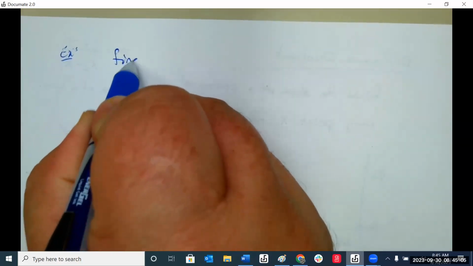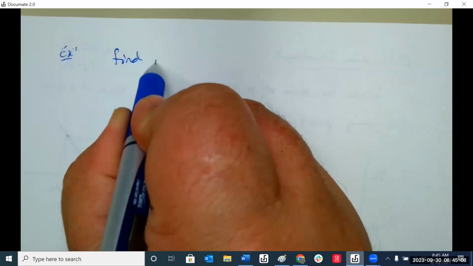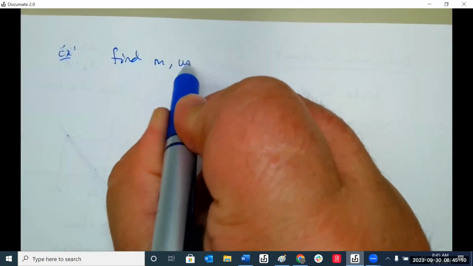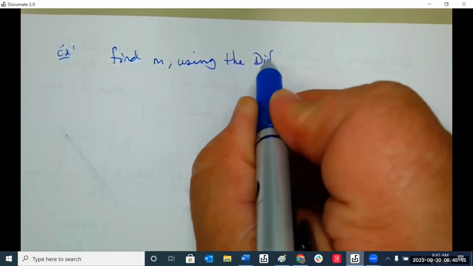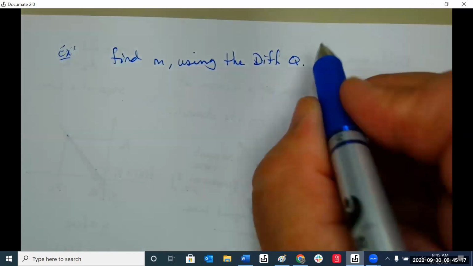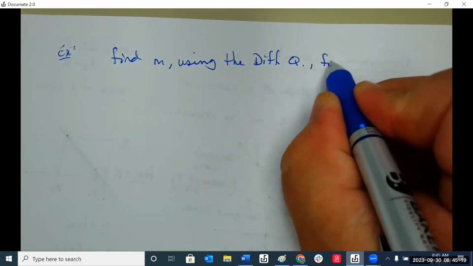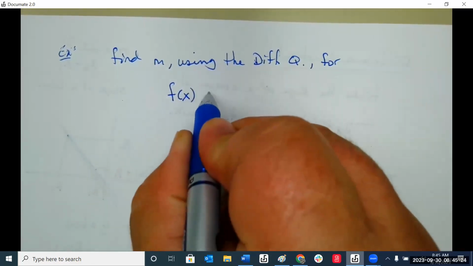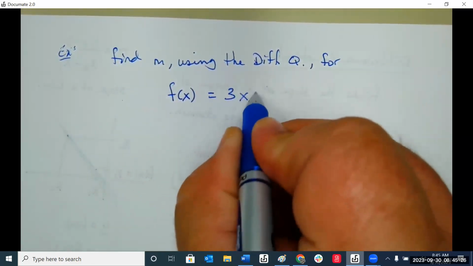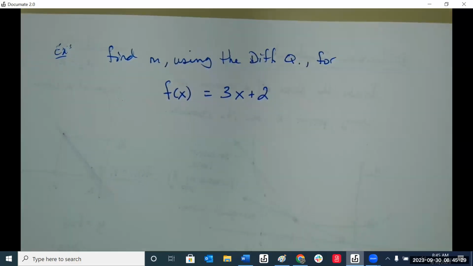So here's an example. Let's use the difference quotient. Find m using the difference quotient for the function f of x equals 3x plus 2.